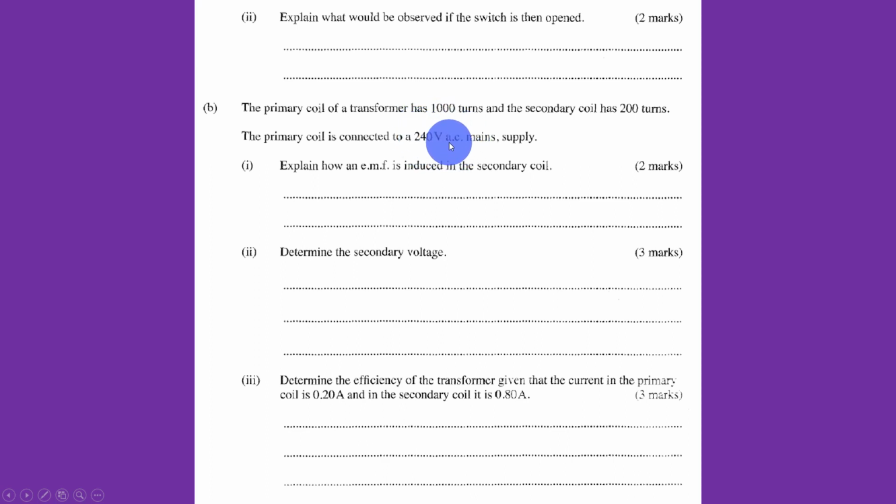That changing magnetic field is going to link or cut the secondary turns, inducing an EMF. Determine the secondary voltage. Of course, here we use the turns ratio where Vs over Vp equals Ns over Np. Efficiency of the transformer is power output divided by power input expressed as a percentage.